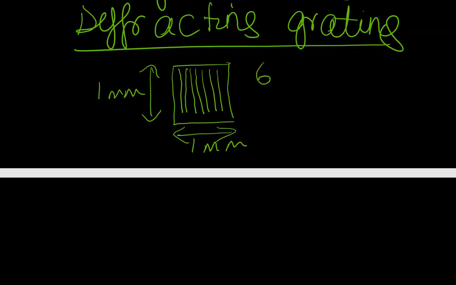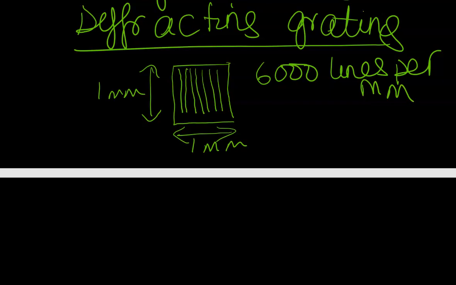So if I had, let's say, 6,000 lines per millimeter, the spacing I'm going to shade in yellow, that I am talking about for diffraction to occur, would be obviously between the lines, right? So all of these yellows that I have shaded would represent the spacing between the lines, and that is the spacing that facilitates diffraction of light, because the size of that spacing is comparable to the very small wavelength of light.